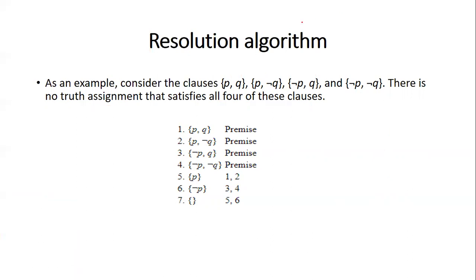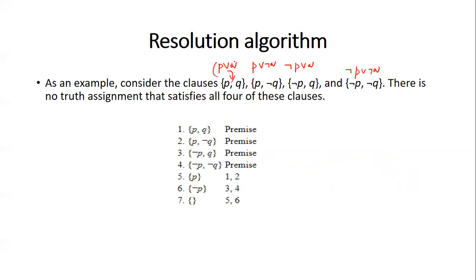So basically, where are all these coming from? This is something like P or Q. This is something like P or not Q. This is something like not P or Q. This is something like not P or not Q. So basically it is an OR. From that only we have derived, we are writing this as a clause, right?